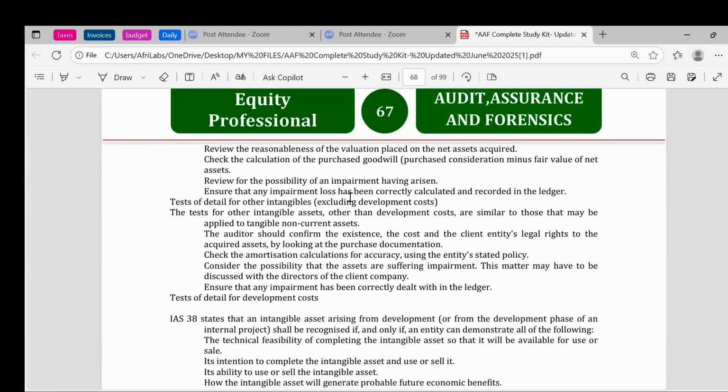Read it not to cram it, but just to be able to understand or grasp a bit what they're trying to say. And then go into the exam holding on to your what? Assertions. Either it is income statement or it is SFP, the item that you are carrying out the substantive testing for.